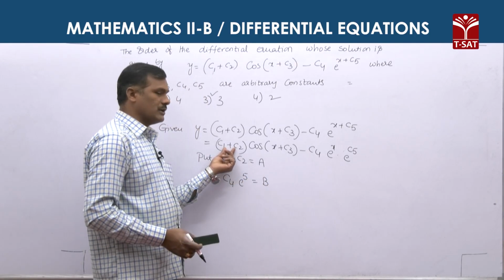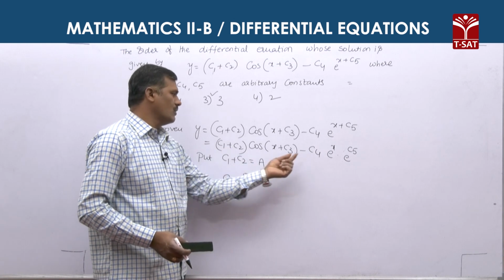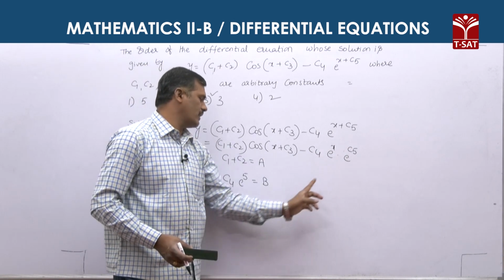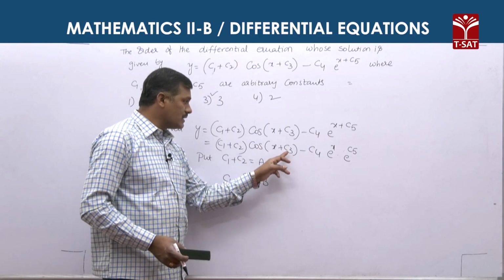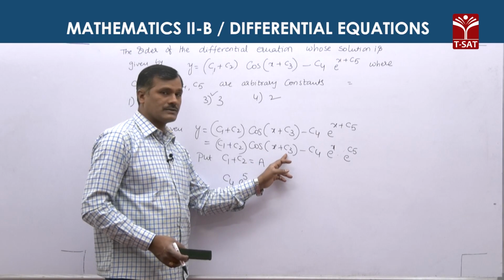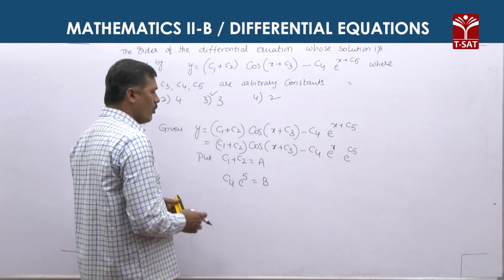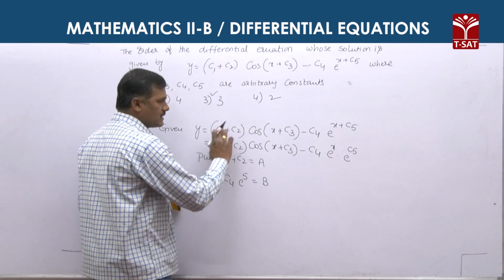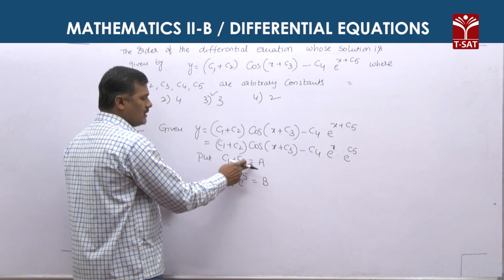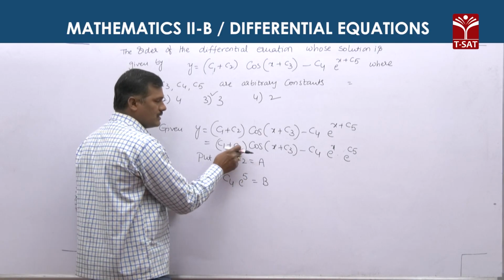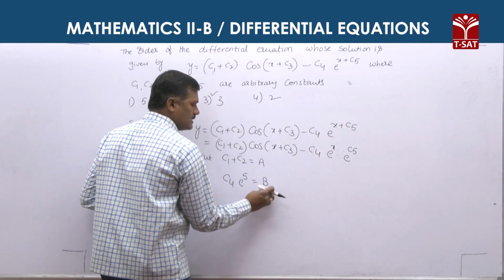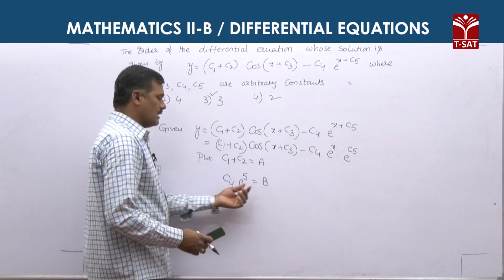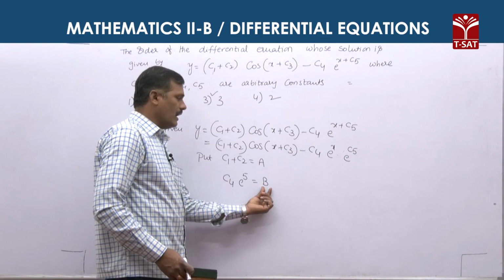c1 plus c2 we considered as A. c4 into e power c5 we considered as another variable, capital B. One more is there, x plus c3, it is also an arbitrary constant. So how many arbitrary constants are in the given differential equation? c1 plus c2 we take as A, this is one arbitrary constant, and these two constants are taken as another constant B, and c3.